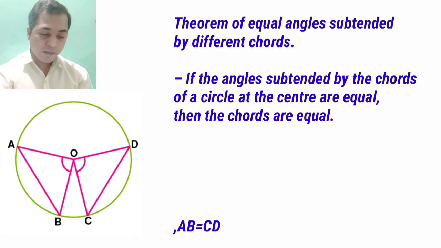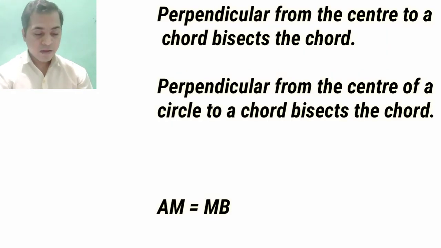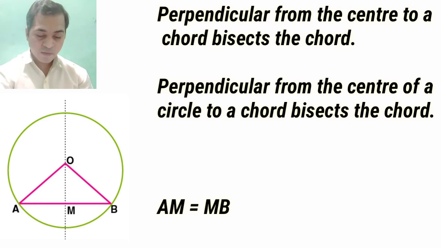Now moving to the next slide, the perpendicular from the center to a chord bisects the chord, right? The perpendicular from the center of a circle to a chord bisects the chord. So students, in the given diagram AB is a chord, and a line passes through the center of the circle and divides the chord into two parts. That line will be perpendicular to chord AB.